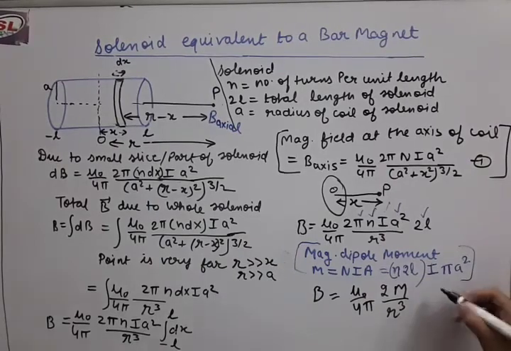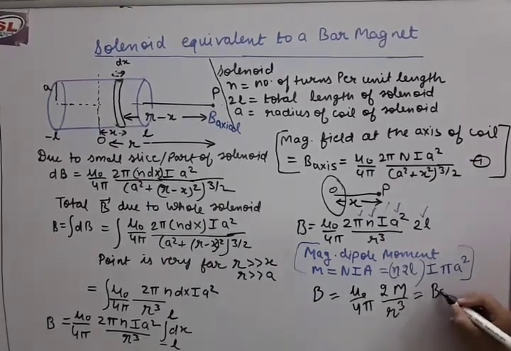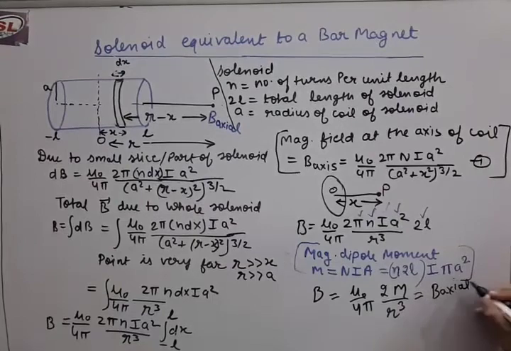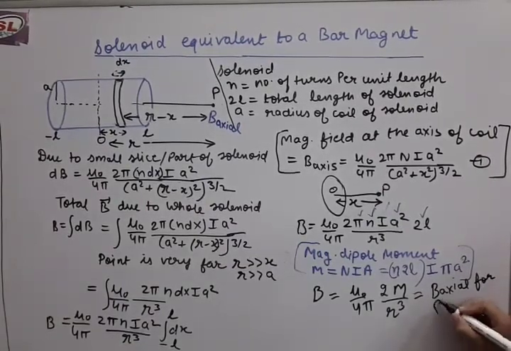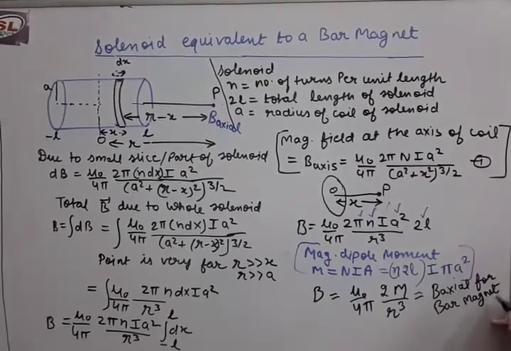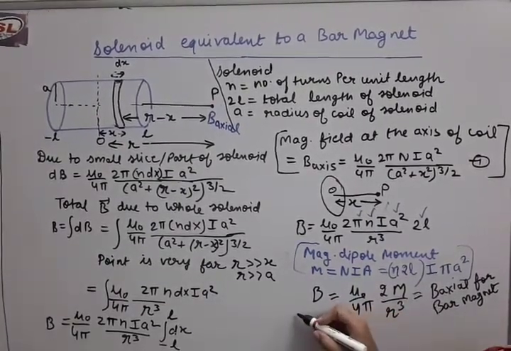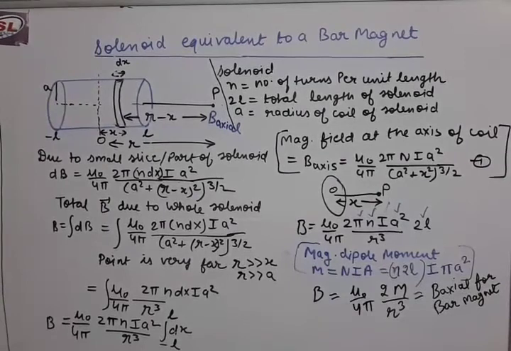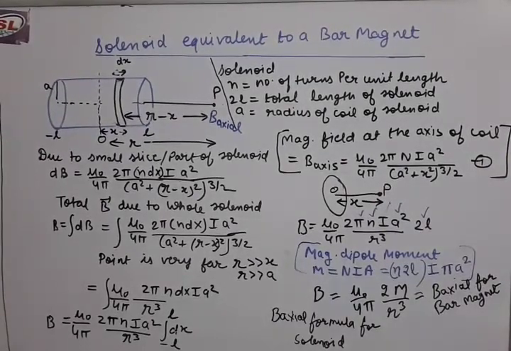Now this is the formula which we got as the B axial formula for the bar magnet. It is matching with that formula. What we solved here: the B axial formula for the solenoid, and it is matching with the B axial formula for the bar magnet.